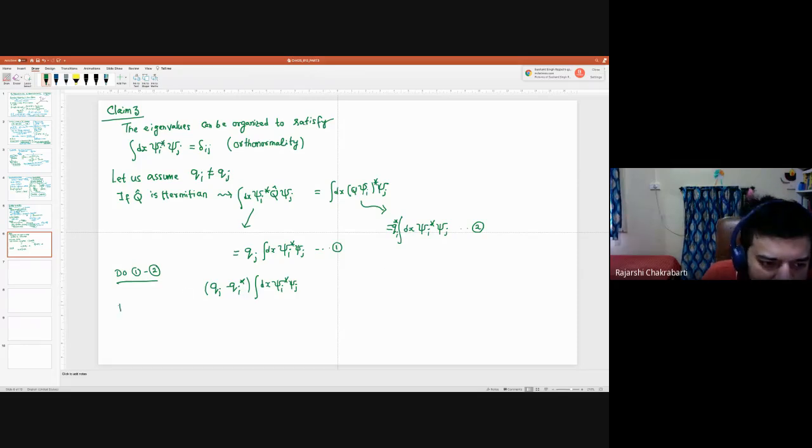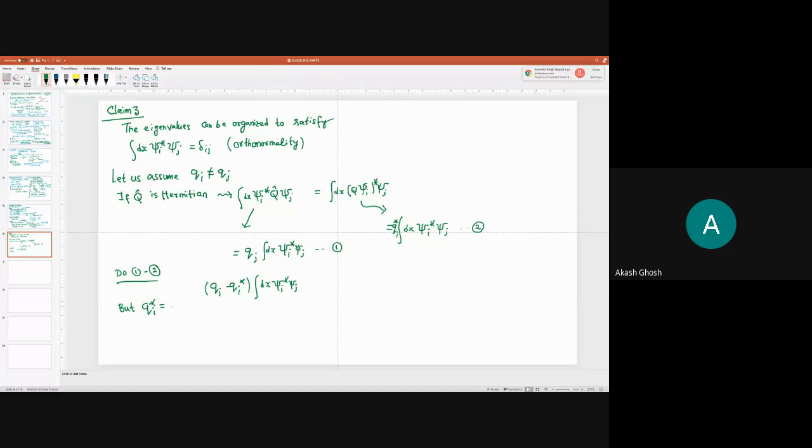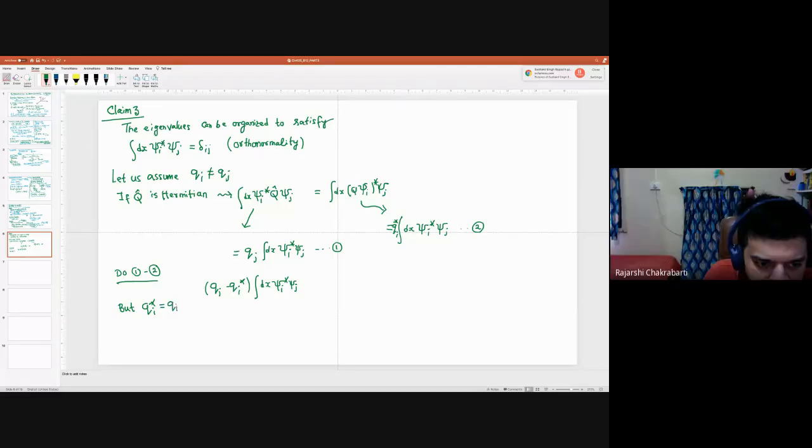But eigenvalues are real for a Hermitian operator. So what is Qi star? It's just Qi. So this integral is nothing but Qj minus Qi into the integral dx psi i star psi j.